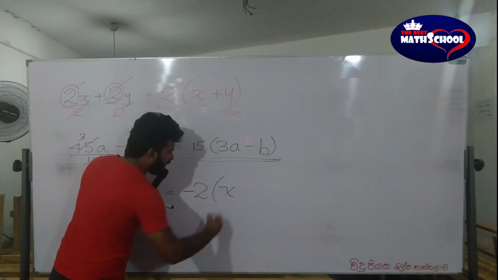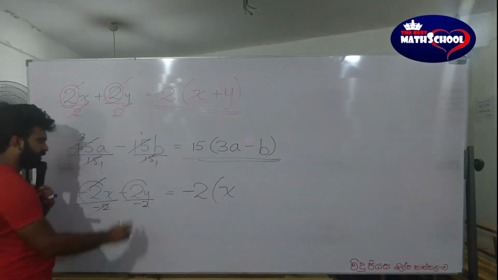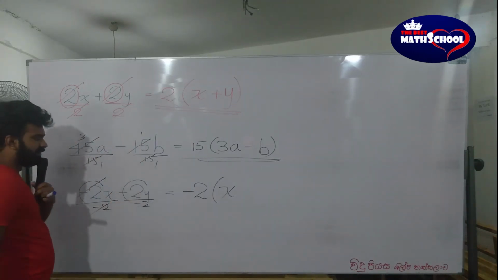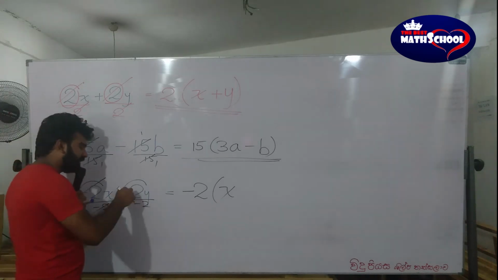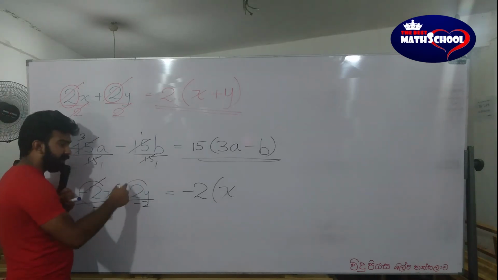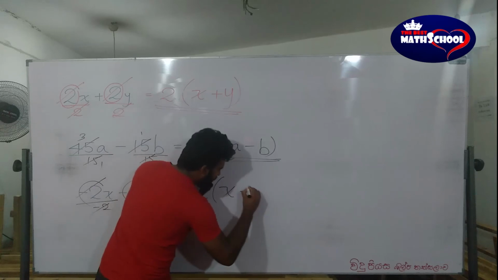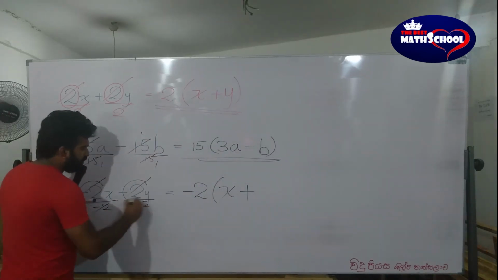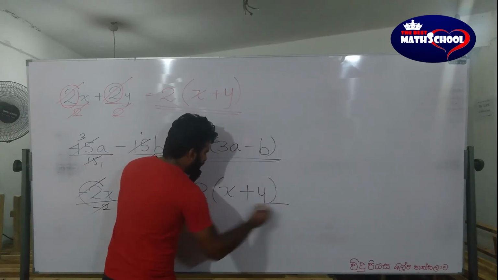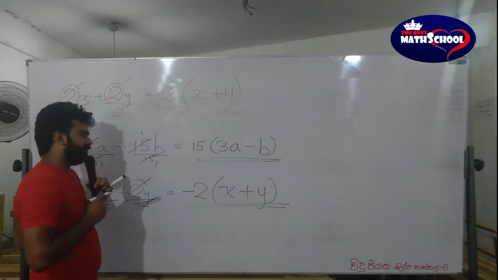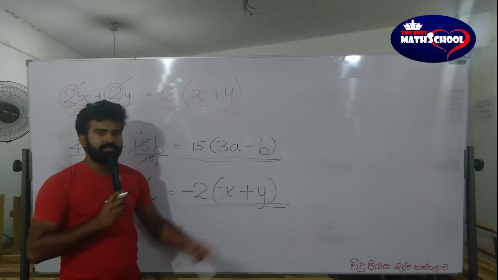So inside the bracket the first term will be x. Then minus 2 is getting divided by minus 2 again. Minus divided by minus together will be plus. And 2 and 2 will be gone, y will remain. So you can take the final answer as minus 2 into x plus y.